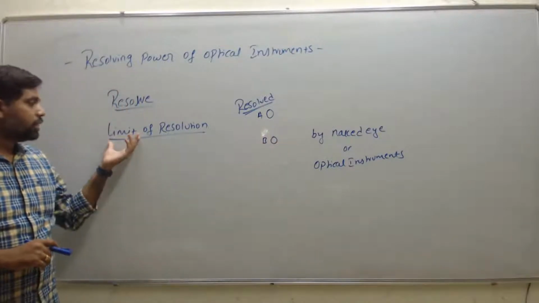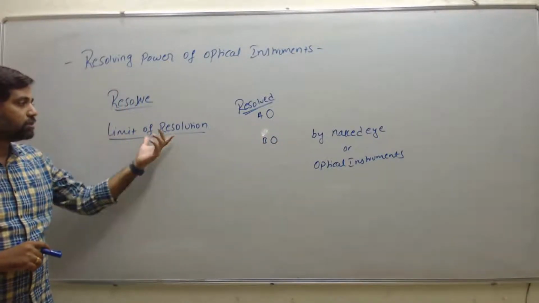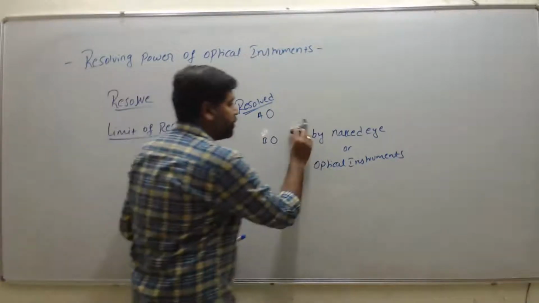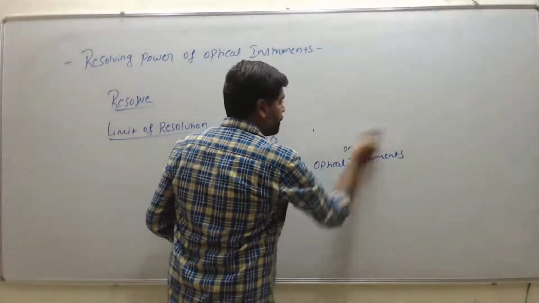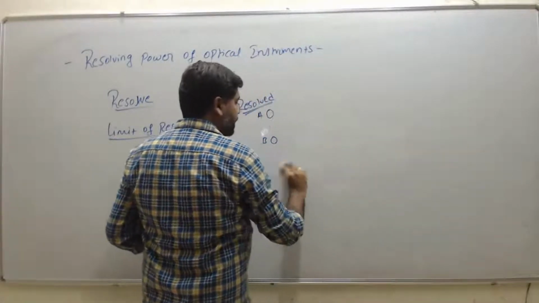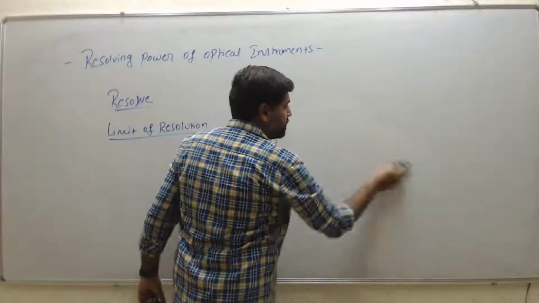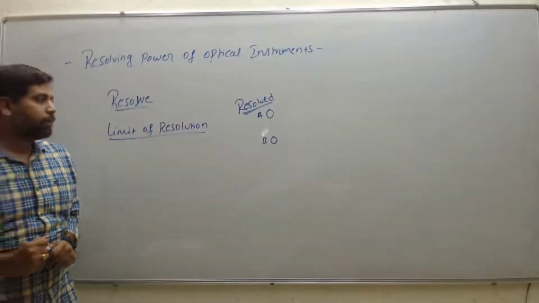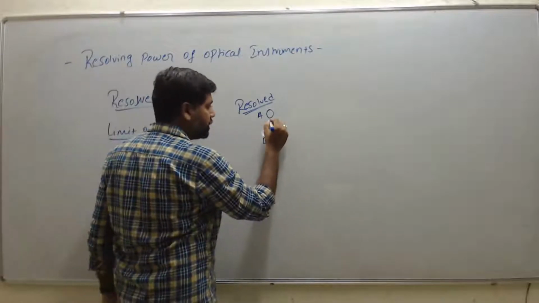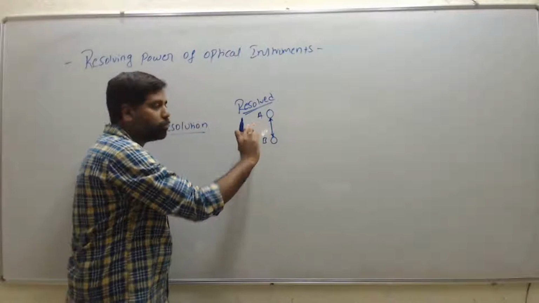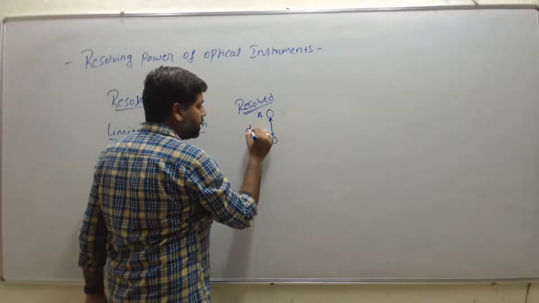Next is the limit of resolution. What is the limit of resolution? It is nothing but these closely placed point objects which are at a minimum distance of separation. So this distance between the two objects is the minimum distance.